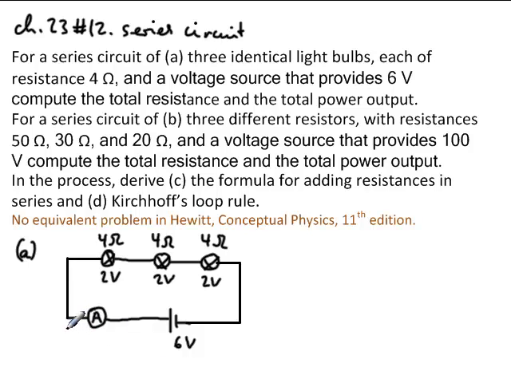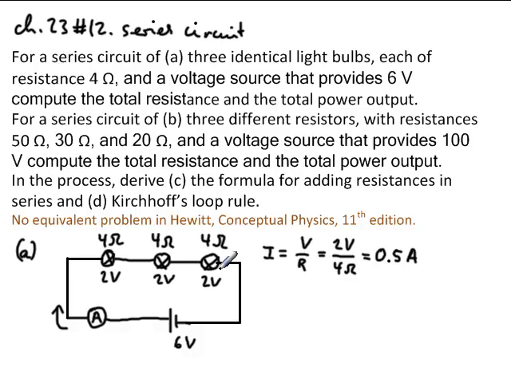And then the current that flows through here, well, I calculate that in just a moment. For each one of these here, Ohm's law applies separately, so current equals voltage divided by resistance, which is 2 volts divided by 4 ohms, which is 0.5 amps.